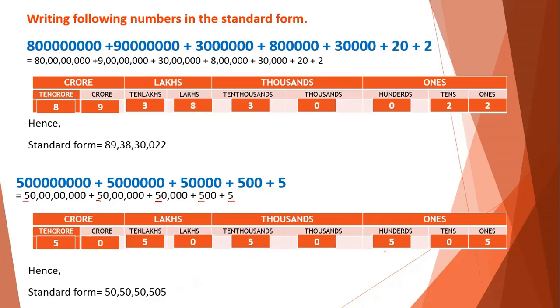In ones period we got 505, we wrote 505 in ones place. Hence the standard form of the given expanded form is 50 crore, 50 lakhs, 50,000, 505. This way we will convert all the given expanded forms to standard form.